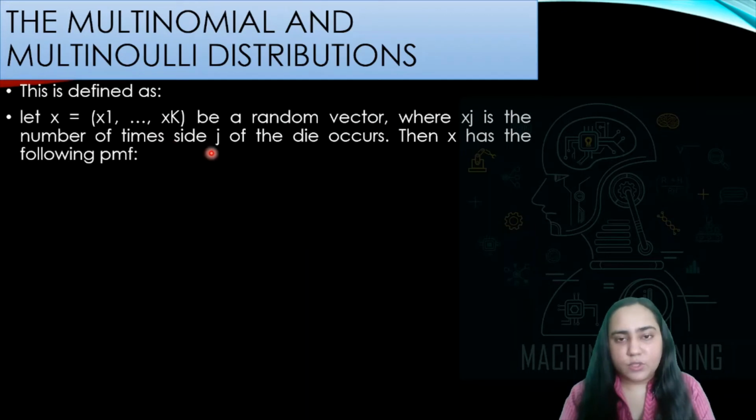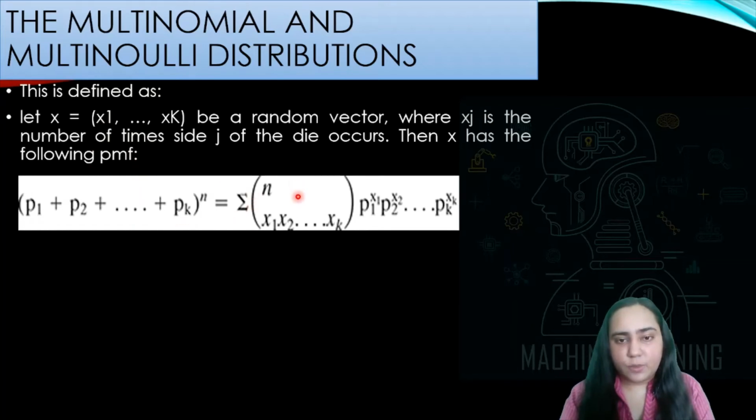You can have x, which is a random variable, where x_j is the number of times side j of the die occurs, and to calculate the probability mass function, you will use this formula. You can see it is slightly different than the previous one, so it's much more complicated.